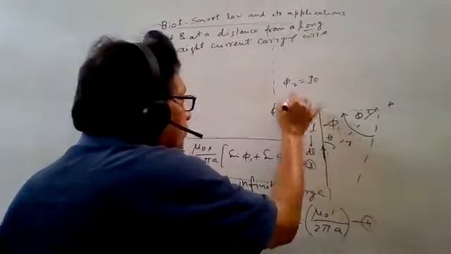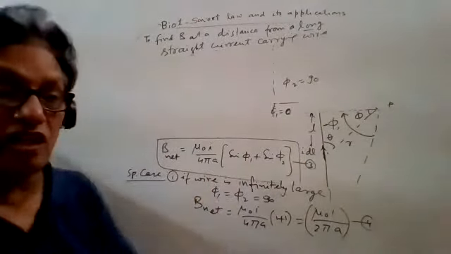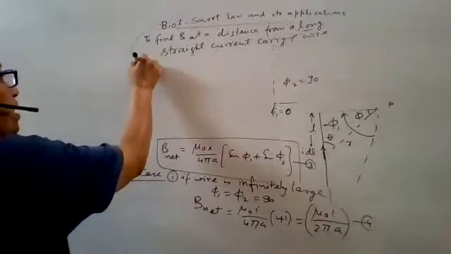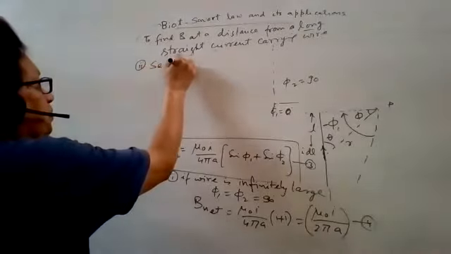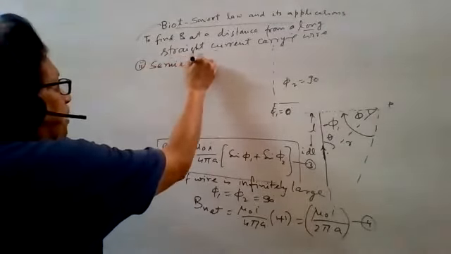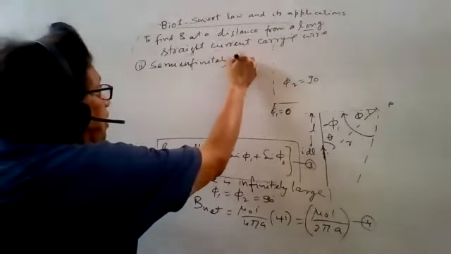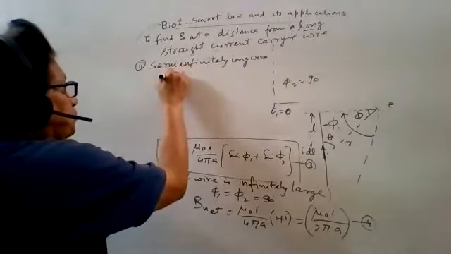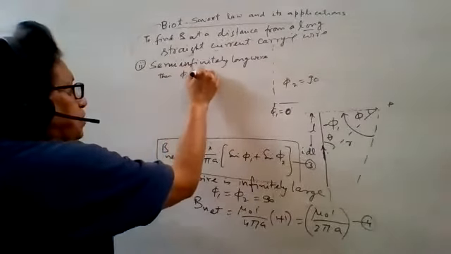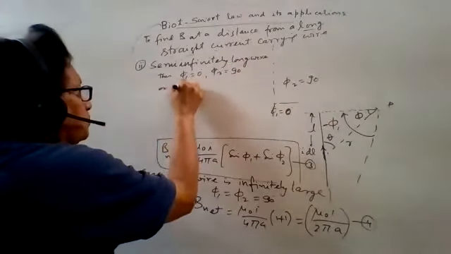It means here, if we are taking a semi-infinitely long wire, second case, then phi 1 is 0 degree, phi 2 is 90 degrees, or this.